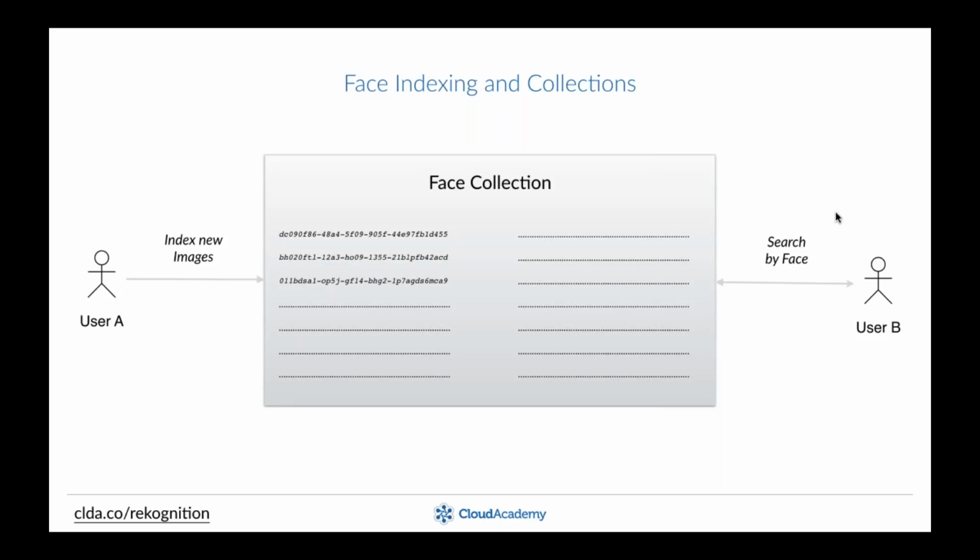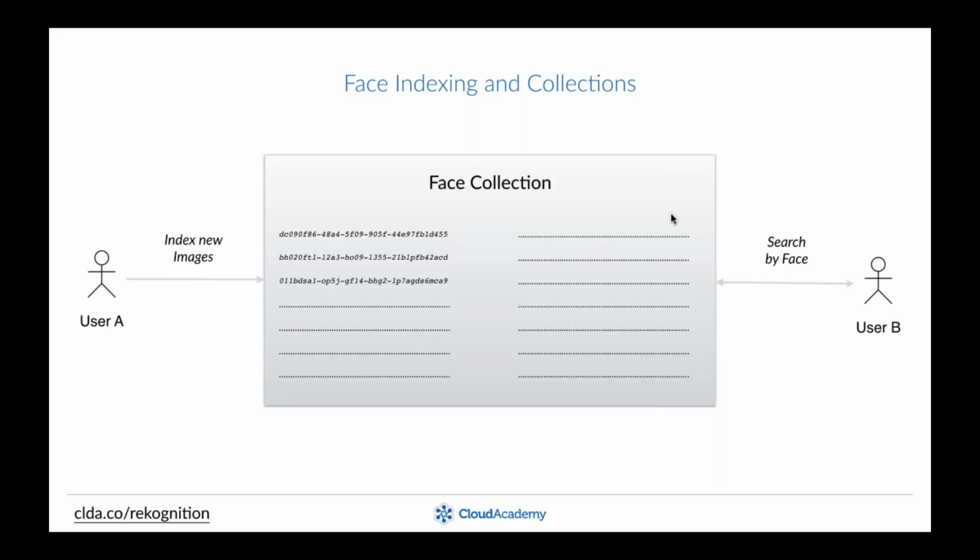What happens then is that another user, eventually with different permissions, will be able to search. So I will give you a face either in the form of an ID or in the form of an image, and the API, so the face search API, will tell me if such a face is contained in the collection or not.